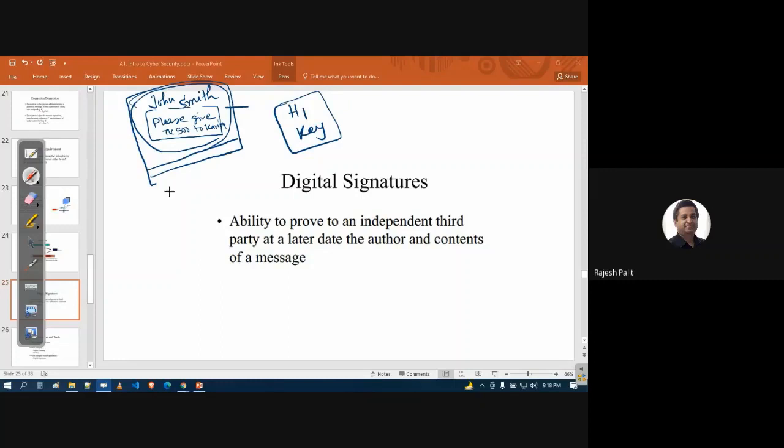This message is encrypted by this symmetric key. So this message is encrypted by the symmetric key. That means it will be unreadable. It will be confidential.